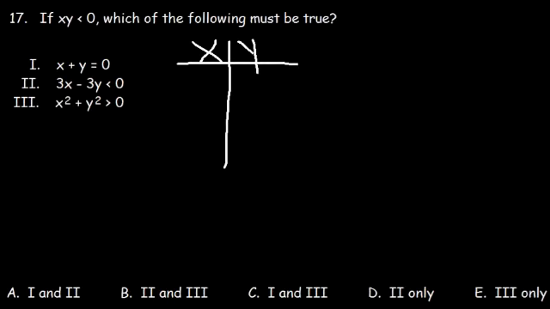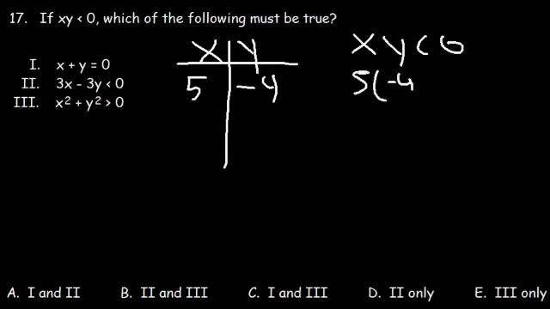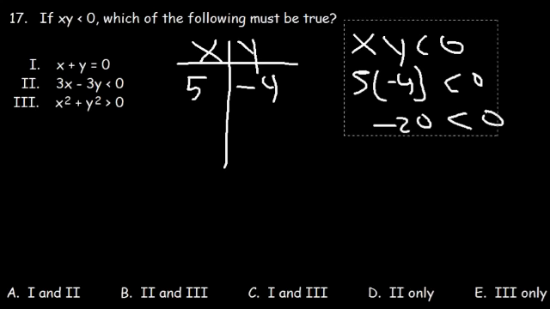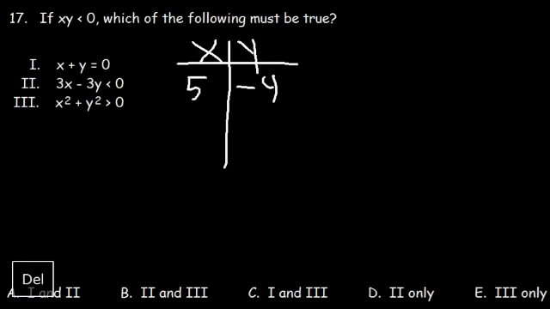So let's try positive 5 for x and negative 4 for y. So looking at equation 1, well, first, x y must be less than 0. So 5 times negative 4 is less than 0 because negative 20 is less than 0. So 5 and negative 4 works. It's true for this equation. So now we can test each of the choices to see which one is true.